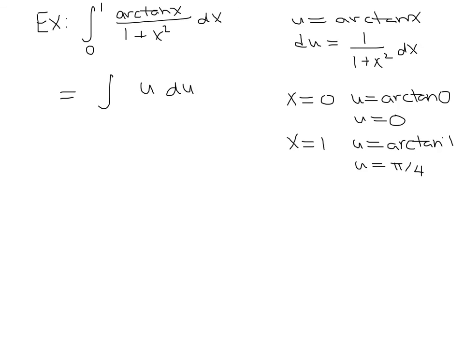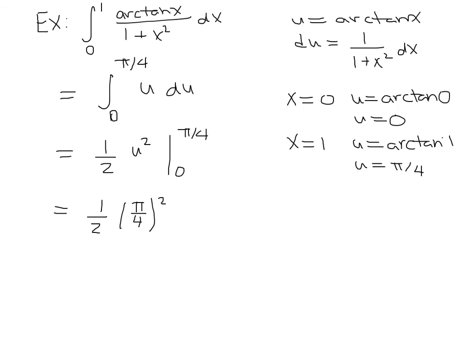So this becomes the integral from 0 to pi quarters. Super easy. The antiderivative of u is 1/2 u squared, 0 to pi quarters. So that will be 1/2 times pi over 4, the quantity squared, which will be pi squared over 32.